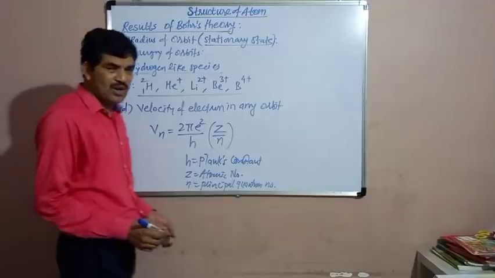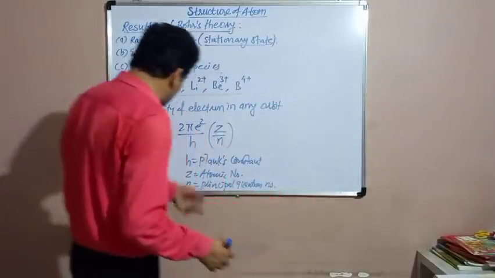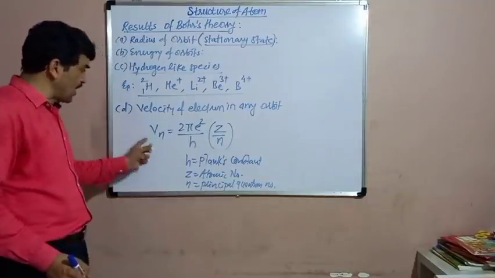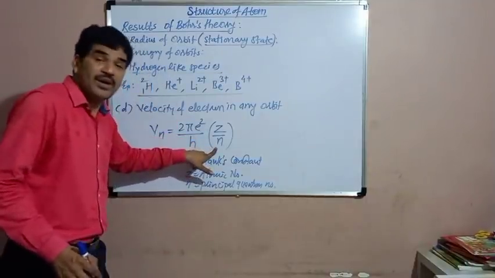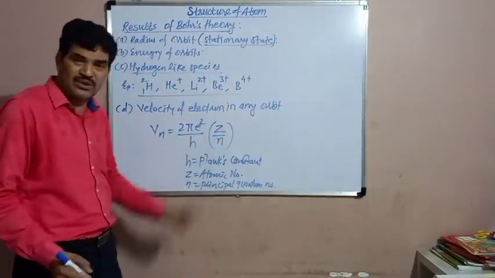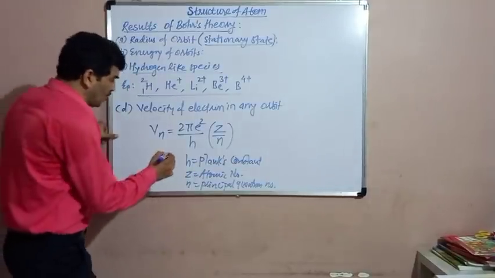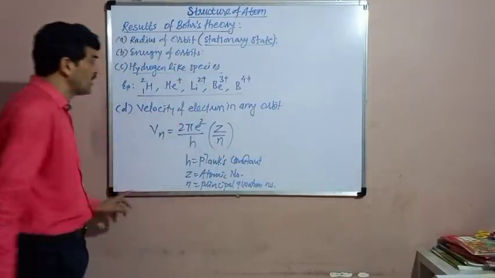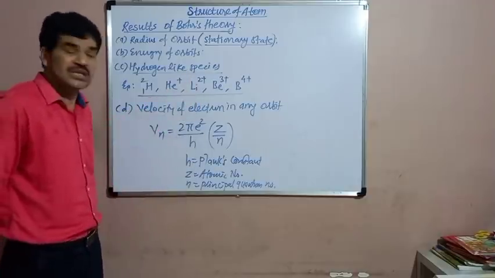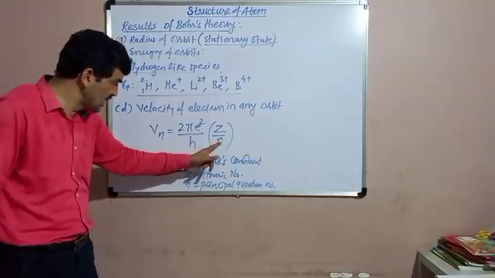If we have to find the velocity of electron in the first orbit, then n equal to 1. If we have to find the velocity of electron in the first orbit of helium positive, then for helium positive Z is equal to 2. For the first orbit of lithium 2 positive, Z equal to 3 and n equal to 1.